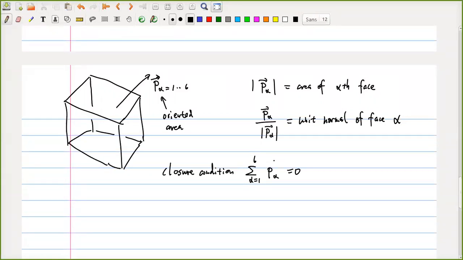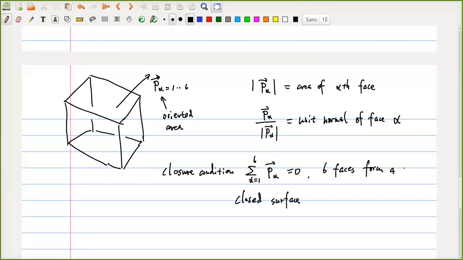The reason is that these 6 faces make up a closed surface, which is the surface of this cube.